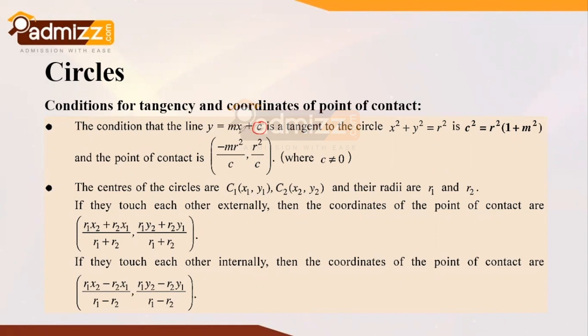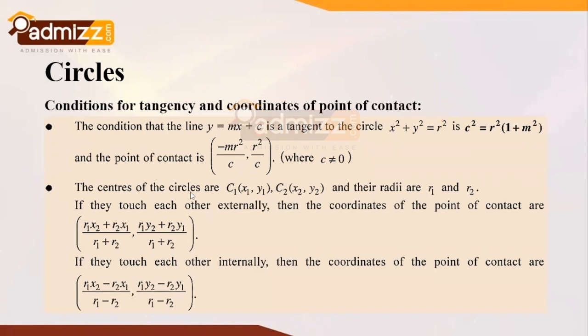In a similar way, the slope value and the radius of the circle will be provided to you. You need to check whether this equality is satisfied or not. If it is satisfied, then definitely the given line is a tangent to the given circle. And the point of contact, at which point it is touching, can be found using this result, that is minus m r square by c comma r square by c, where the c value is a non-zero value. That means it is having a certain intercept.